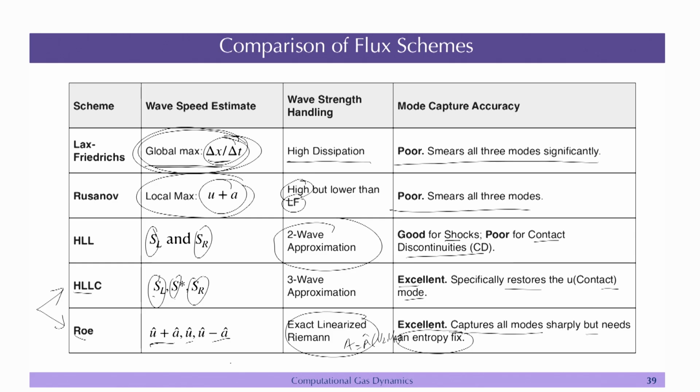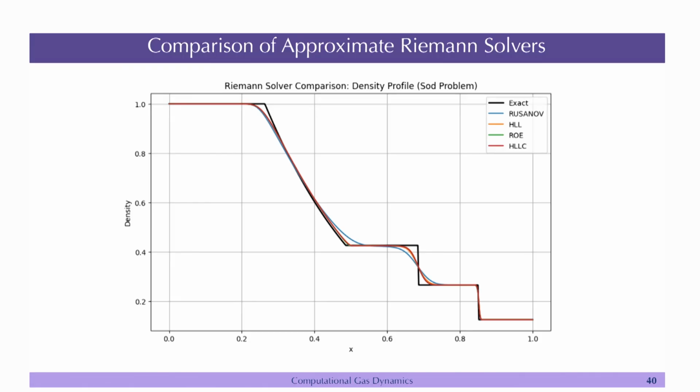So, let me show you some examples. Okay. So, this is the shock tube problem that we have been discussing, and I have shown you examples of Rusanov, HLL, Roe and HLLC. Okay. So, in this particular case you will not be able to basically differentiate all these schemes, because this is a kind of very benign problem. So, we have some jump in the pressure and some jump in the density in the beginning.